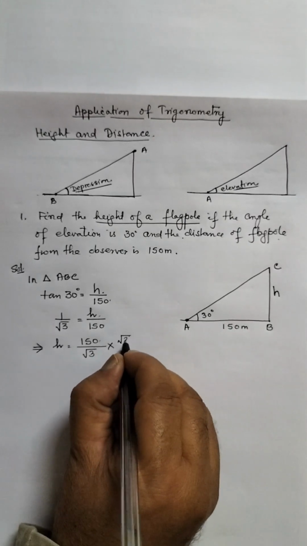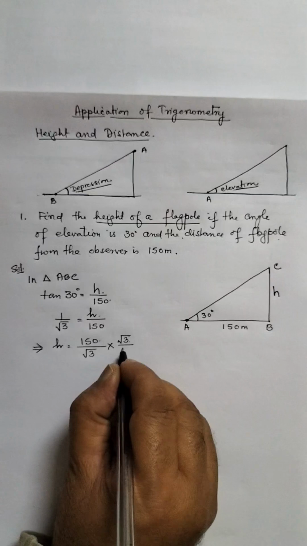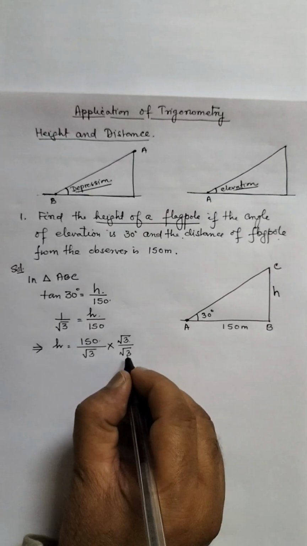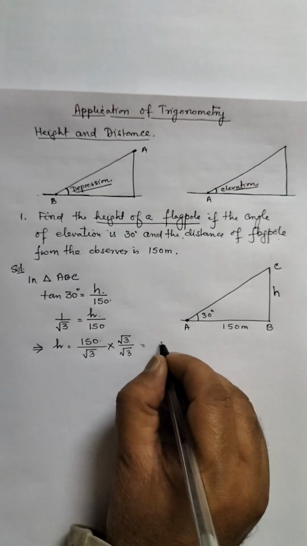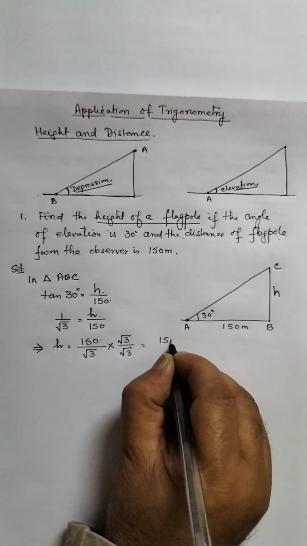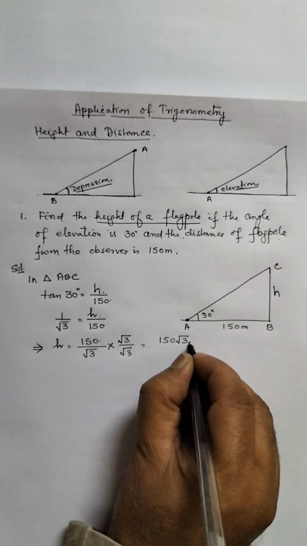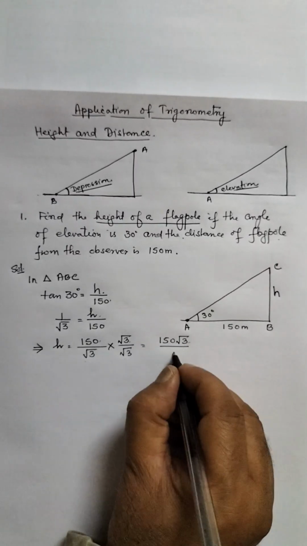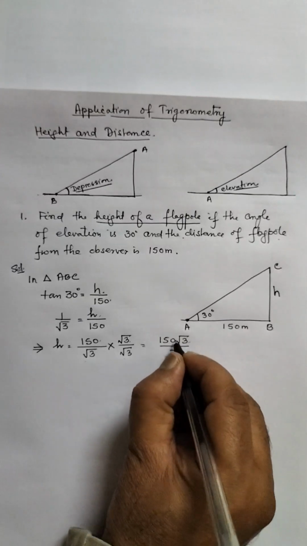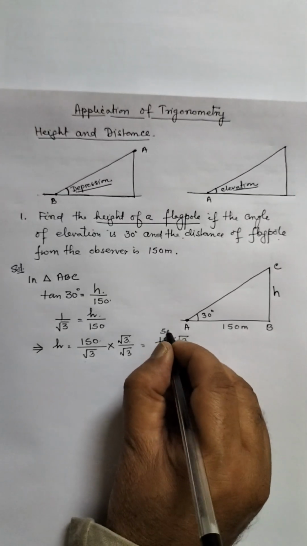Rationalizing, multiplying by root 3 and dividing by root 3, we get 150 times root 3 upon 3. By 3, 150 goes 50 times.